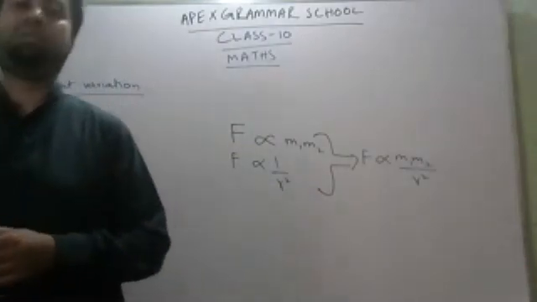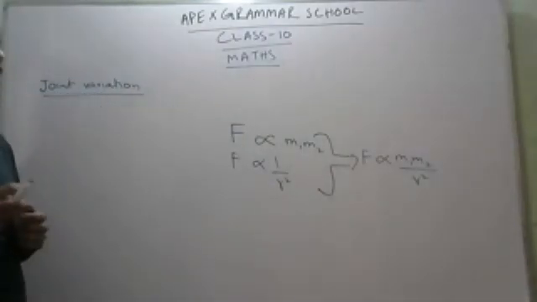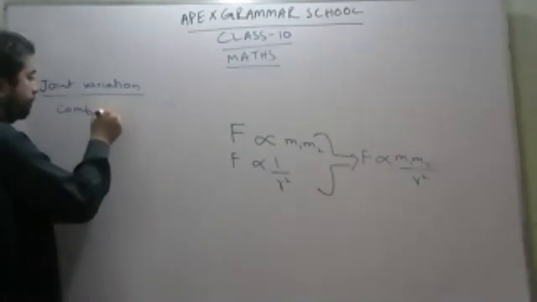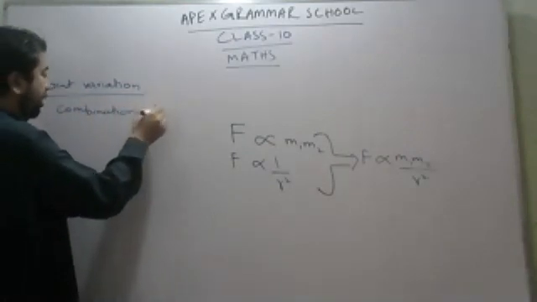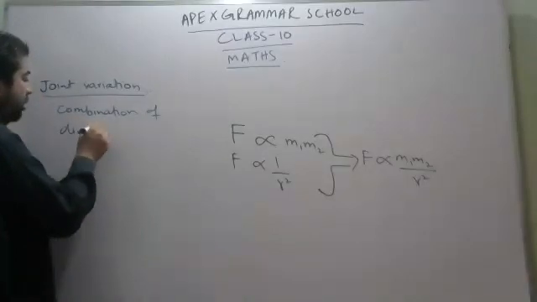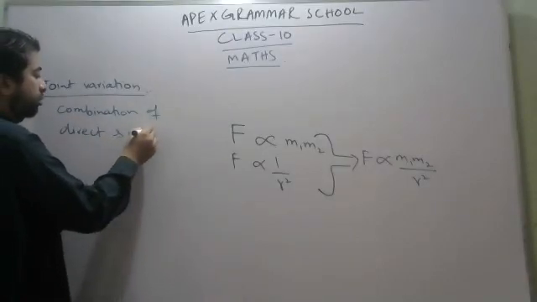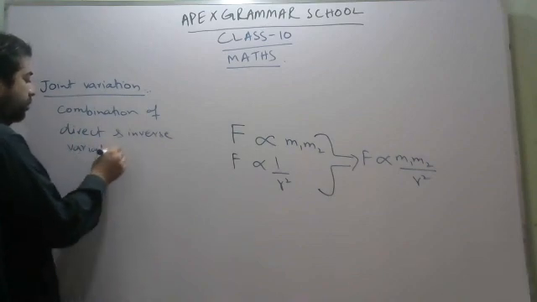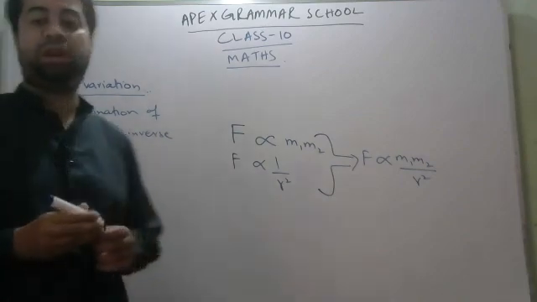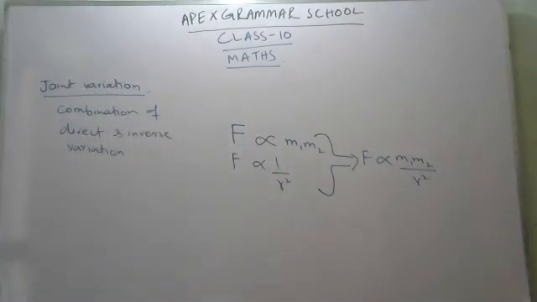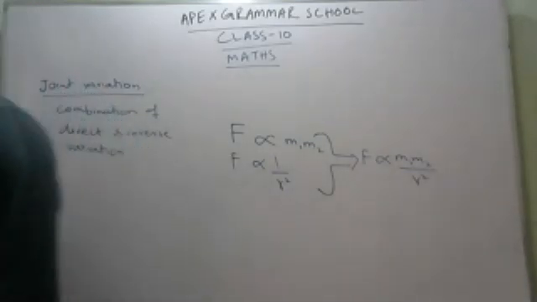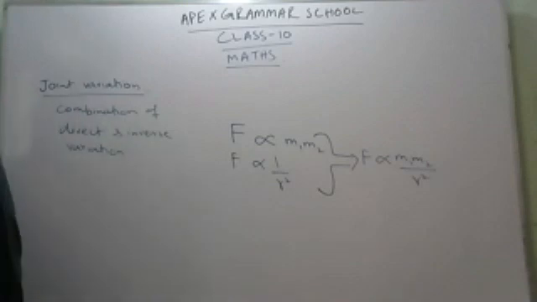So this is all about what joint variation is, a combination of direct and inverse variation. This is called joint variation, and the rest is totally the same as what you have already done. So now we can easily talk about exercise 3.5.